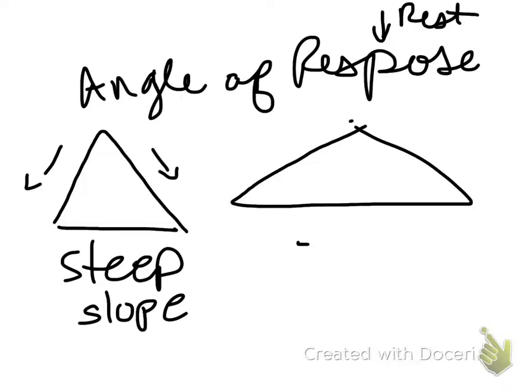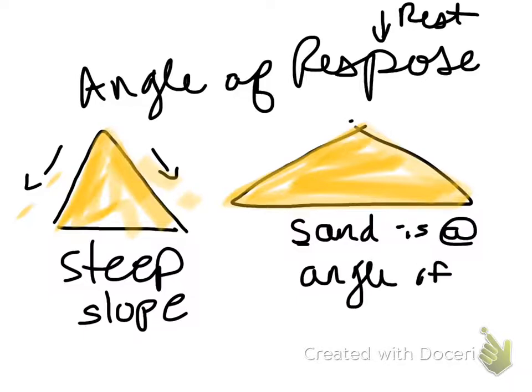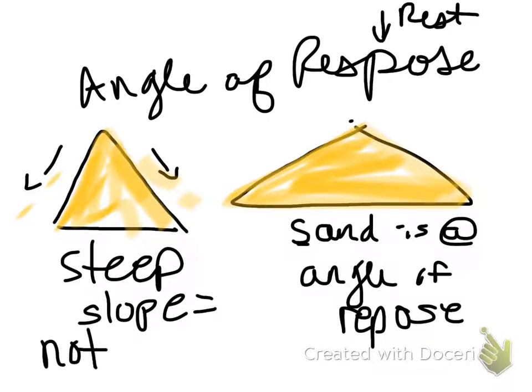So if that's too steep over here on the left and your material moves, like say it's dry sand, and it kind of falls down here. Now I have my stable slope. So this sand is at the angle of repose because it's not moving. Steep slope is not at the angle of repose for dry sand.